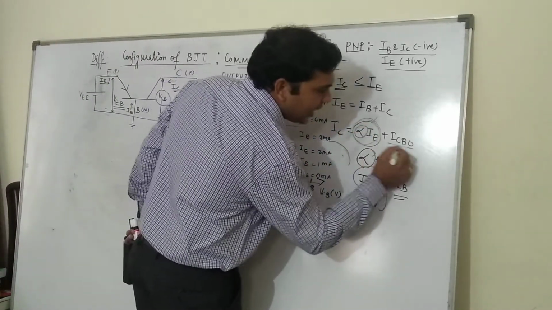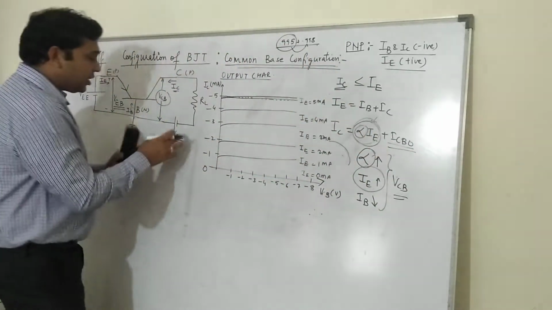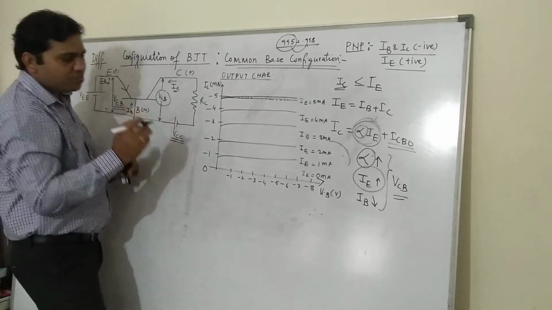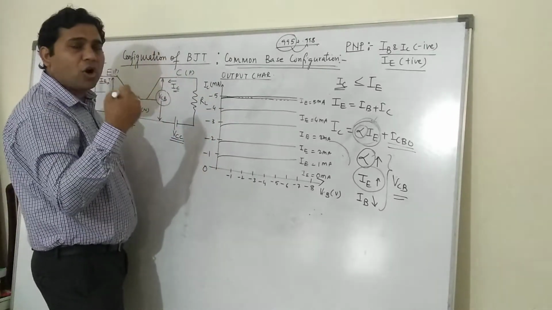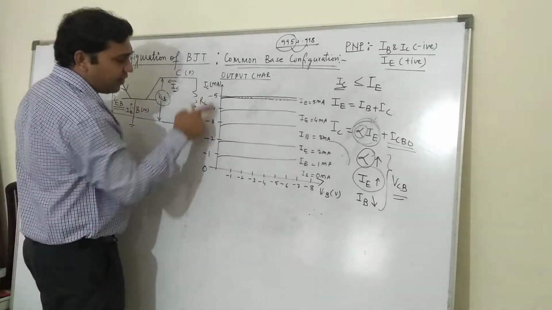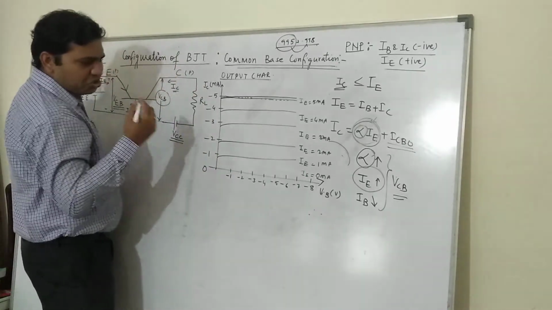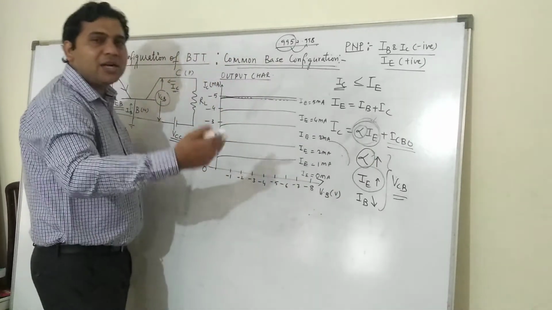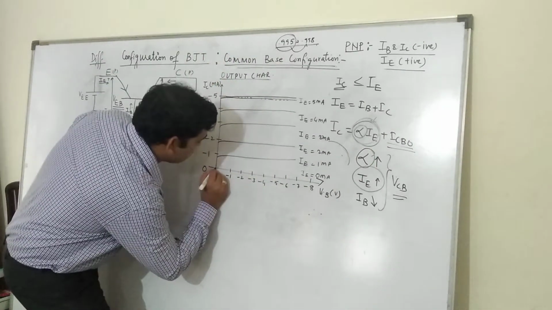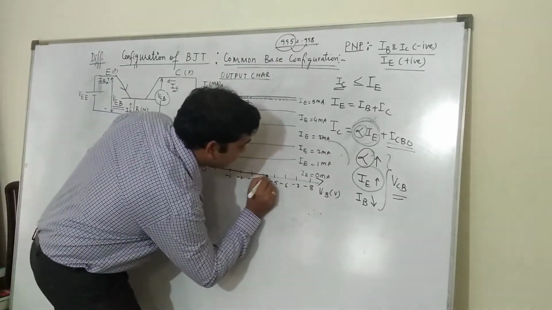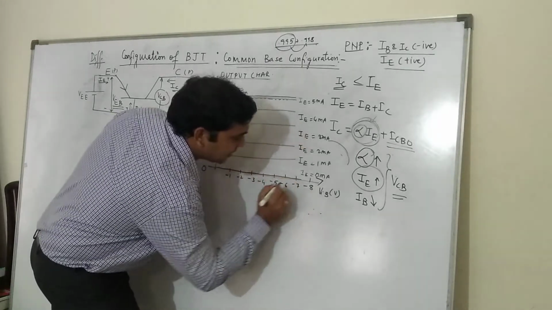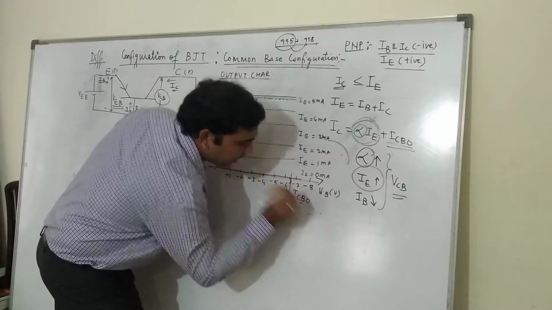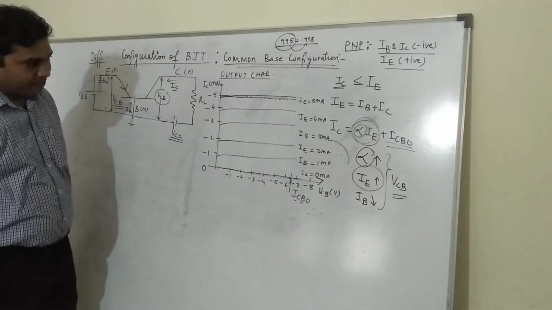You have only ICBO, which is due to this reverse-biased junction. Now you have a small ICBO which is of the order of microampere. Since I have taken this axis as milliampere, it is good to show ICBO just parallel to the x-axis. This current is known as ICBO, the collector to base current when the emitter is open.